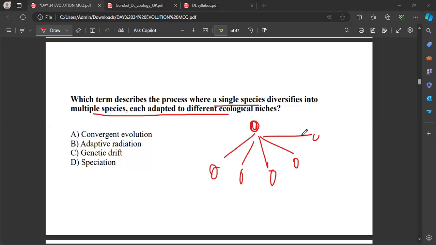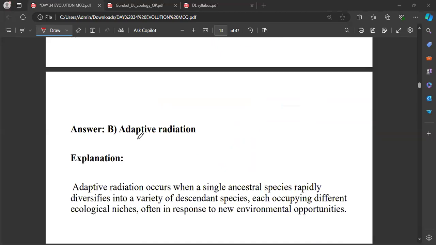I have explained very clearly, and it is a simple concept. That will be the adaptive radiation.